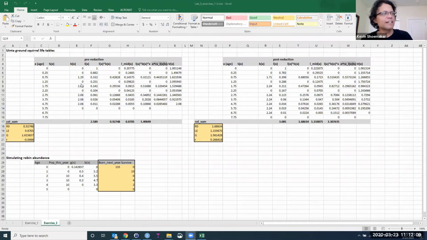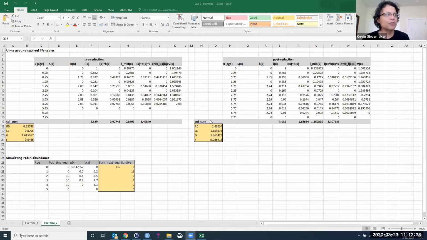The first thing that I would encourage you to notice if you look at these summary statistics is, first of all, that R0, the lifetime reproductive potential, is below 1 in the pre-reduction population, and it's well above 1 in the post-reduction population. So you see it's 0.92 pre-reduction and 1.6.